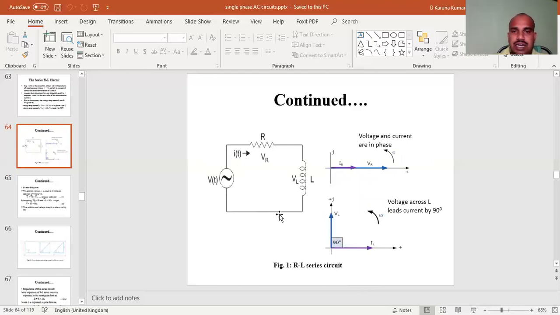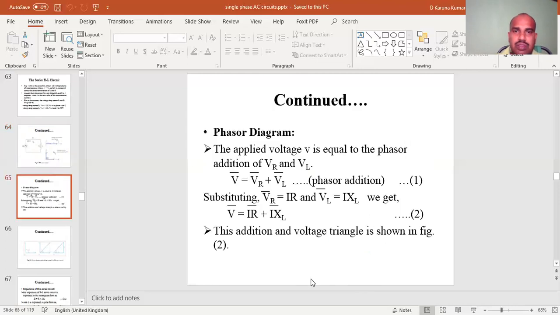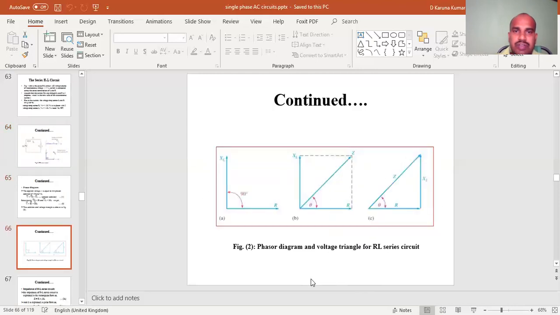The voltage VL across L leads the current by 90 degrees. This is an RL series circuit. The first one is the phasor diagram of VR and I, then the phasor diagram of VL and I. Now the final phasor diagram and voltage triangle for the RL series circuit.